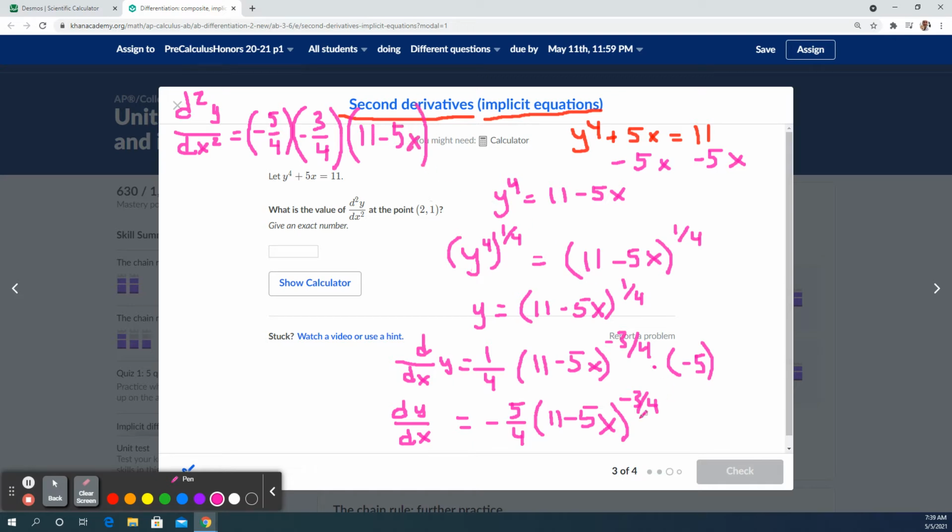And we're subtracting 1 from negative 3/4, which is negative 4 over 4, so that's negative 7 over 4. So this is all to the negative 7 over 4, and all of this times the negative 5 from the chain rule.